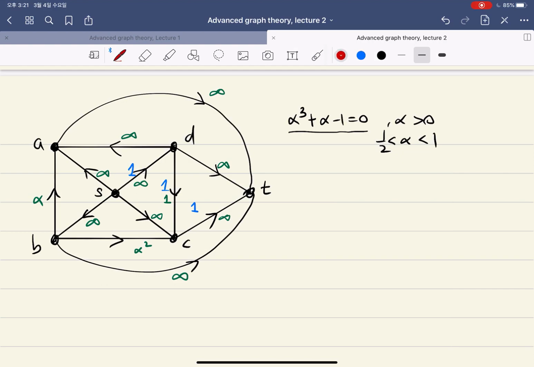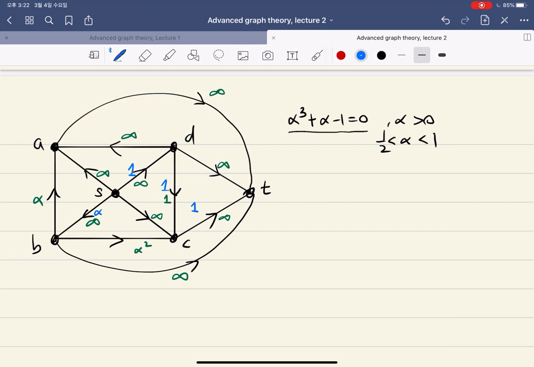And then we augment along this path. So this is again an augmenting path. So we augment it, then this edge now has a value alpha, and this has alpha, this has alpha. Because alpha is the smallest positive number here, we can increase by at most alpha.